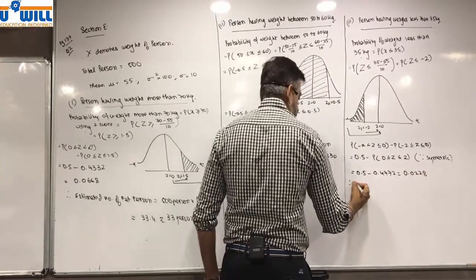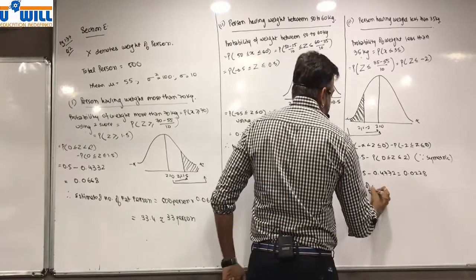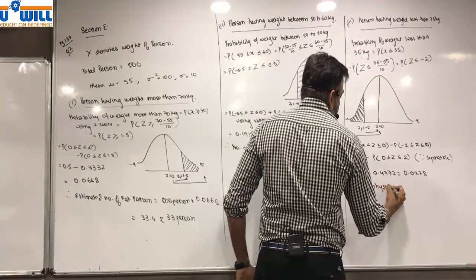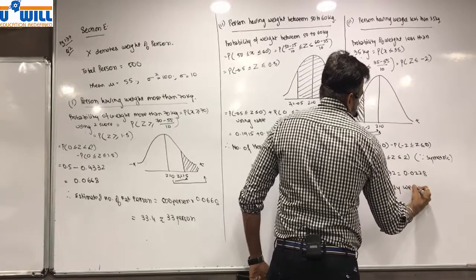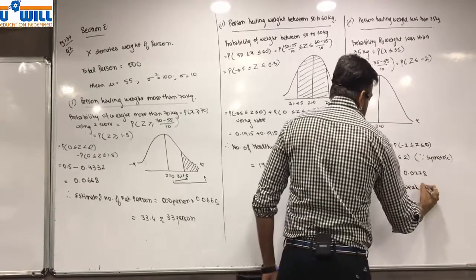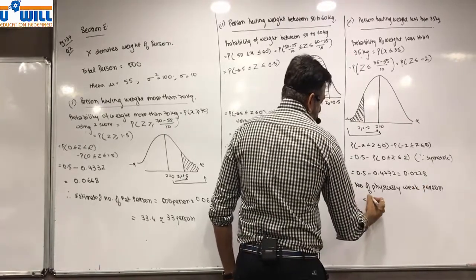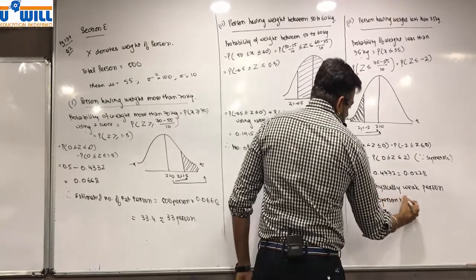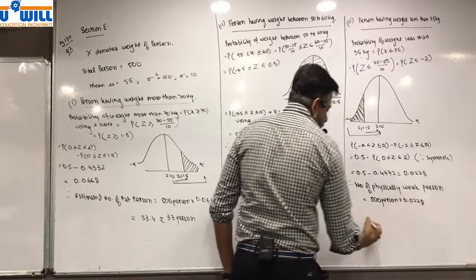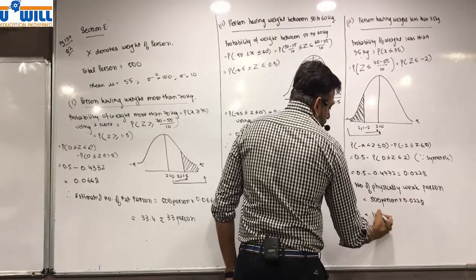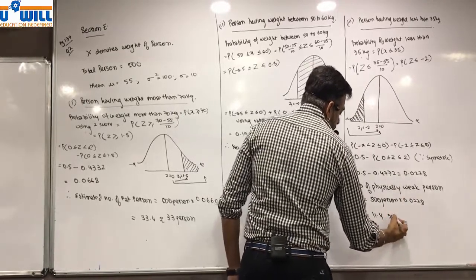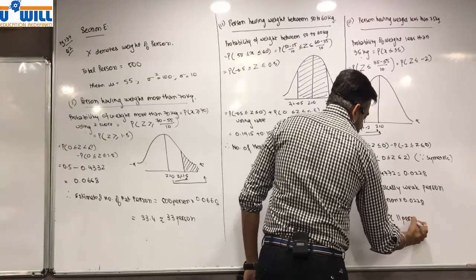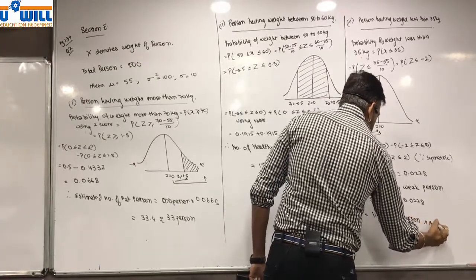Therefore, the number of physically weak persons is equal to 500 into 0.0228, which is 11.4, equivalent to 11. Answer.